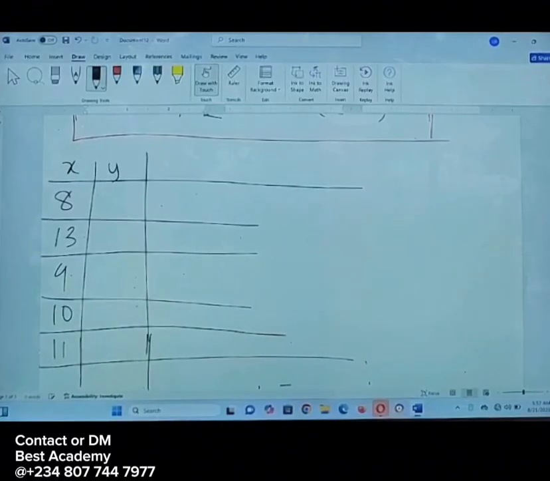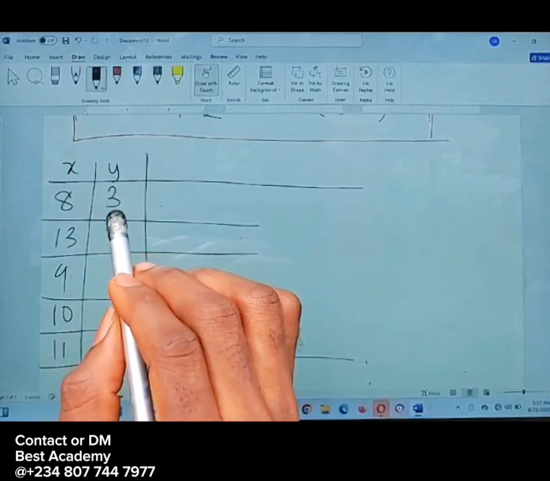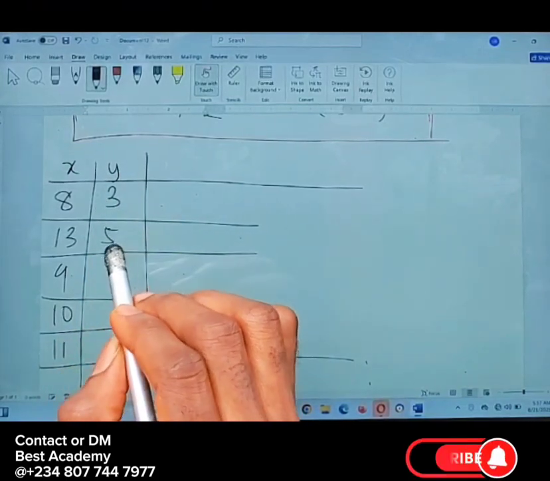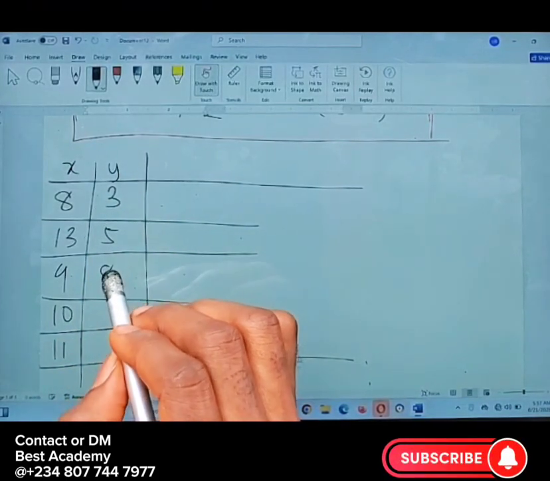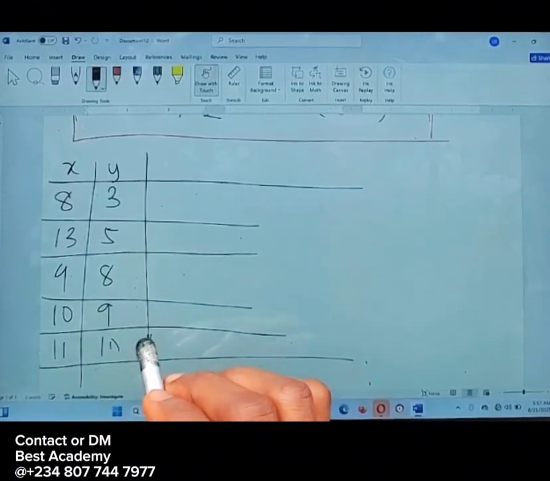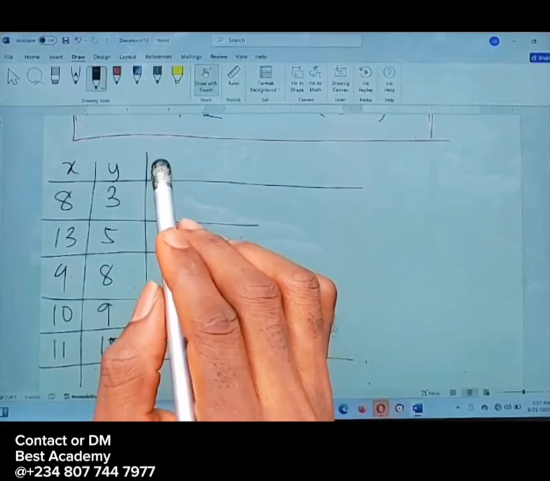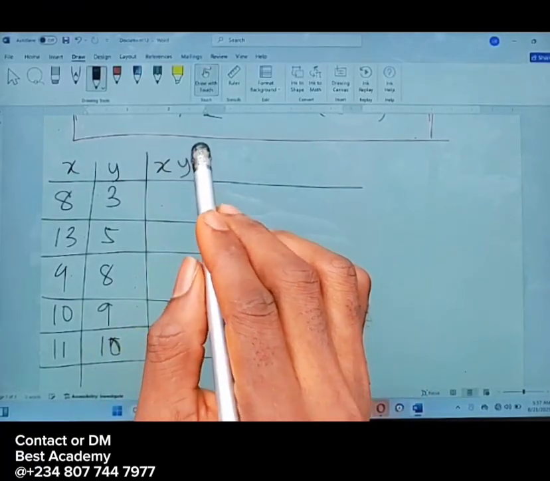These are s: 8, 13, 9, 10 and 11. Y is said to be 3, 5, 8, 9, 10.